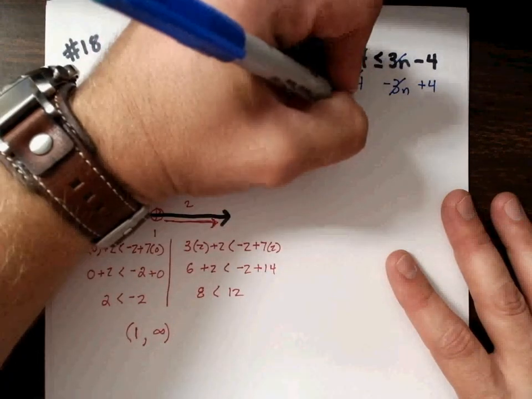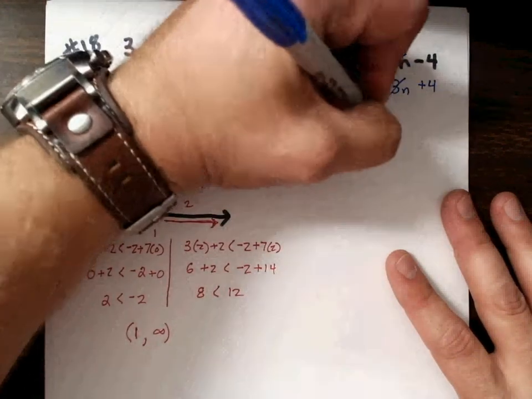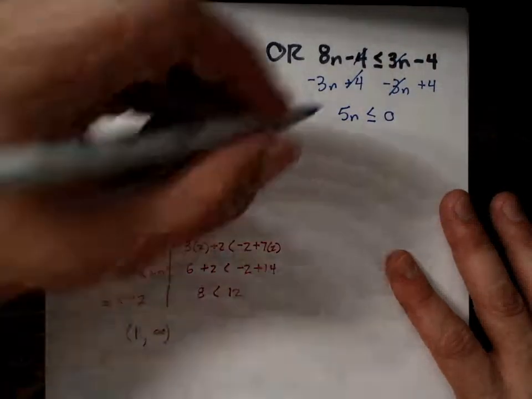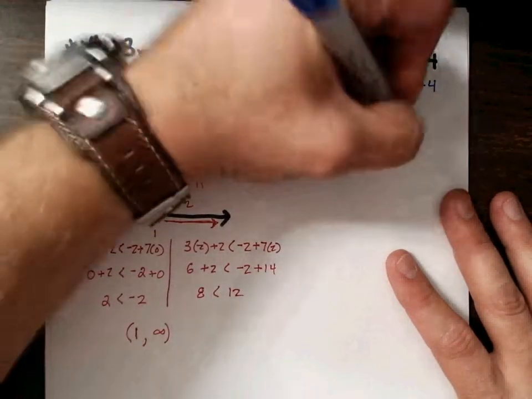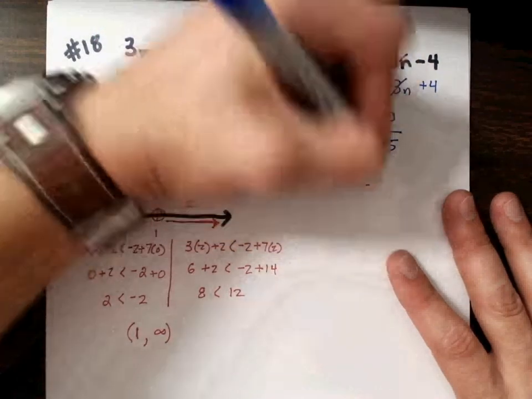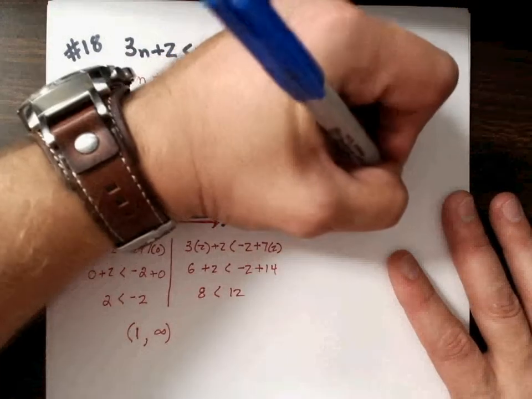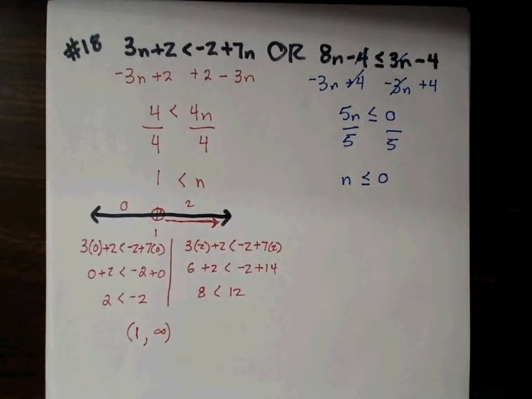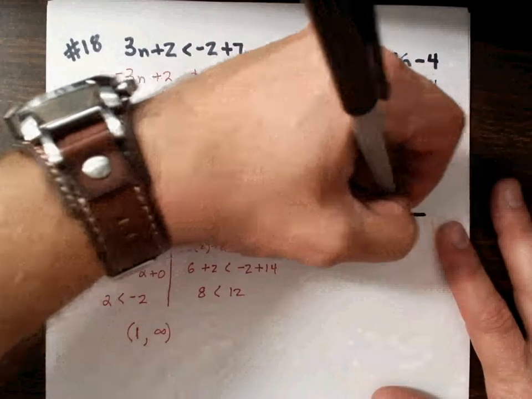And it's going to be 5n less than or equal to 0. Divide by 5. Do I have to flip the sign? No. I do not because it's not negative. So it's still n is less than or equal to 0 because 0 divided by 5 is still 0. All right? And so on there, I now have to check this one.